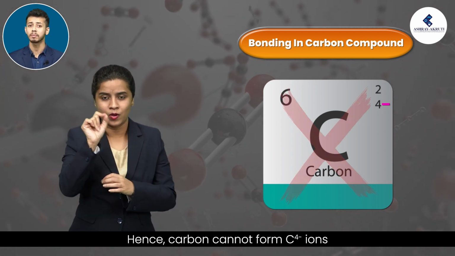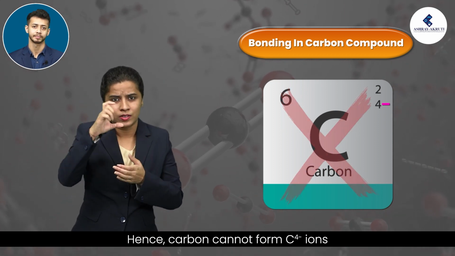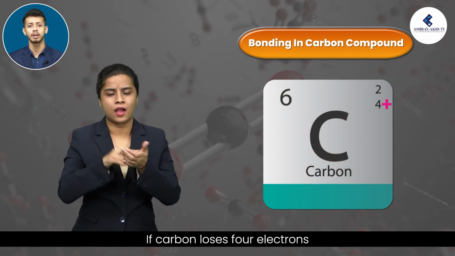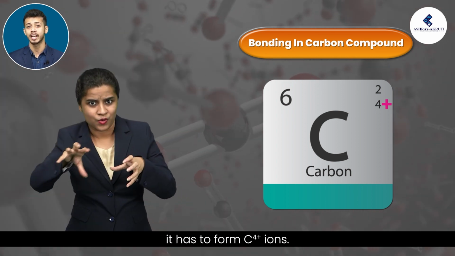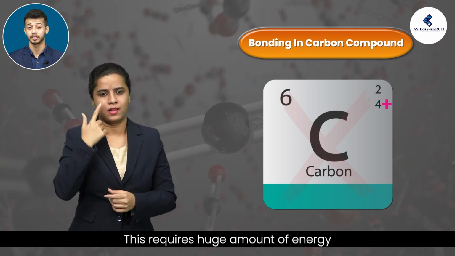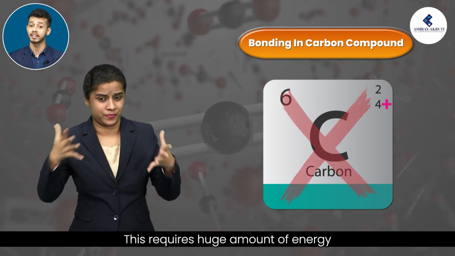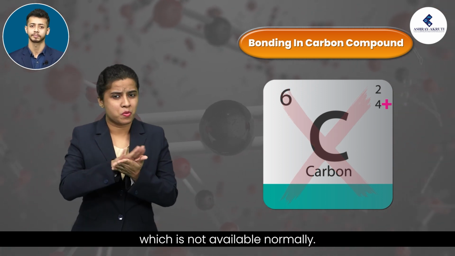Hence, carbon cannot form C4- ions. If carbon loses 4 electrons from the outer shell, it has to form C4+ ions. This requires huge amount of energy, which is not available normally.